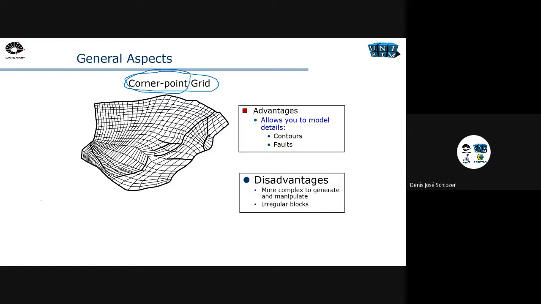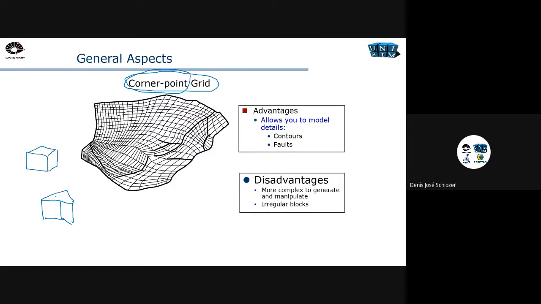So a block is something like this. I'm putting a block that's very irregular here on purpose, while for a Cartesian grid, it's just a block like this, right?